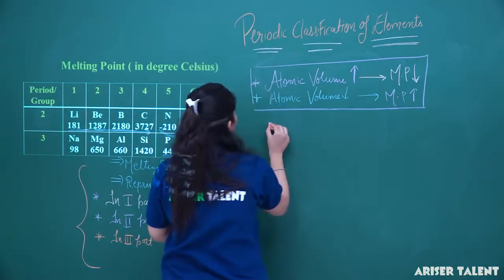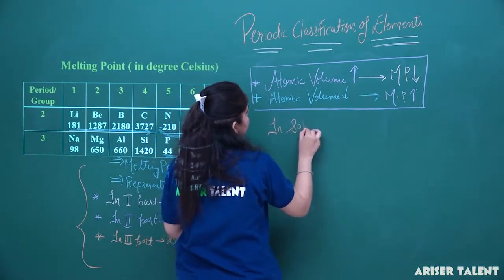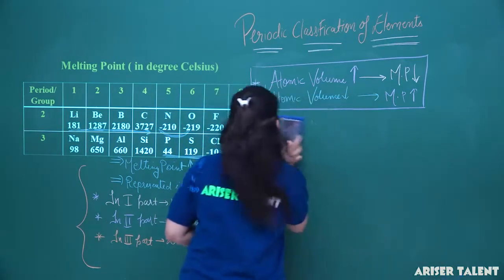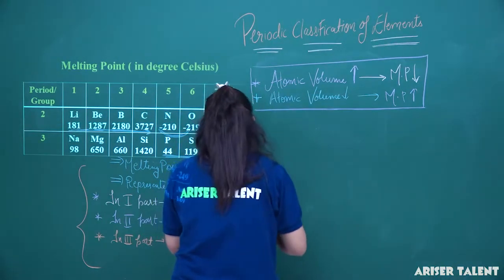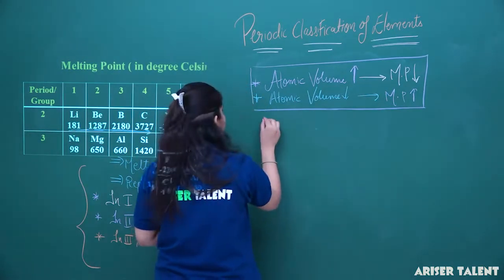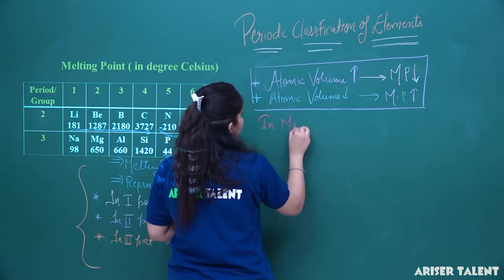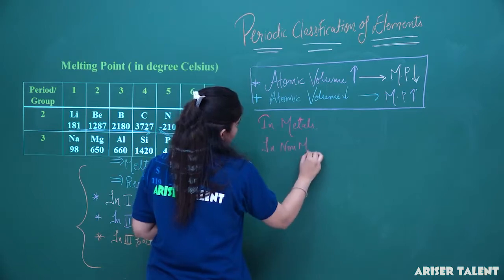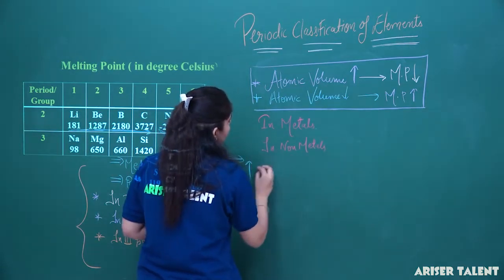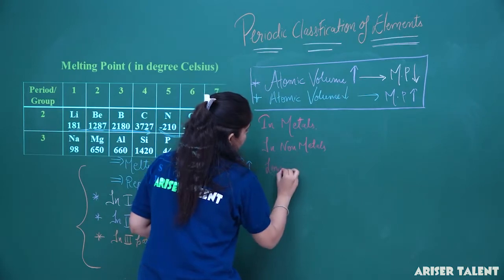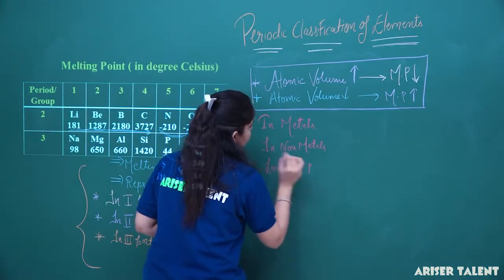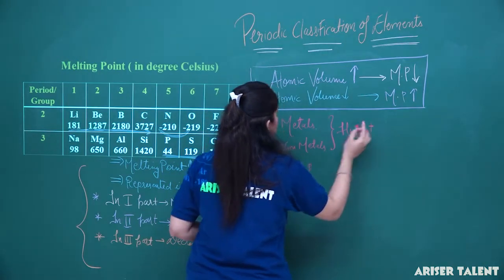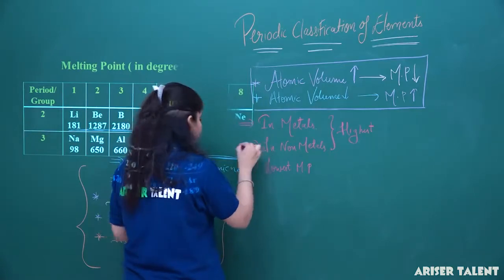So in case of metals and non-metals, these will tell us about the lowest melting point, and the highest melting point. So these are the trends in the melting point we are observing here.